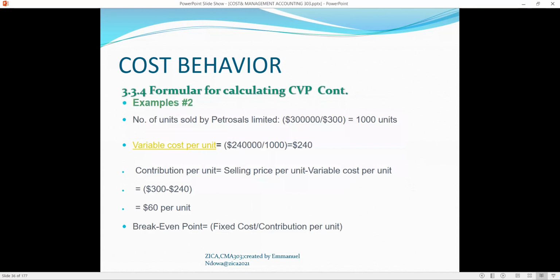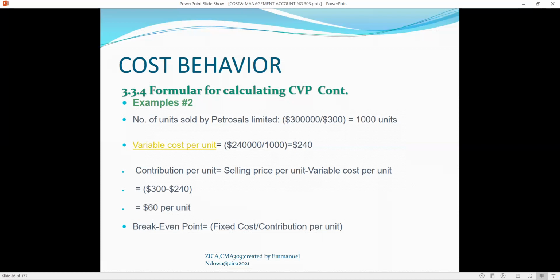So when we get those 1,000 units, we've got the total variable cost. In order to come up with the variable cost per unit, we take the total variable costs of 240,000 divided by the 1,000 units sold. We come up with $240.